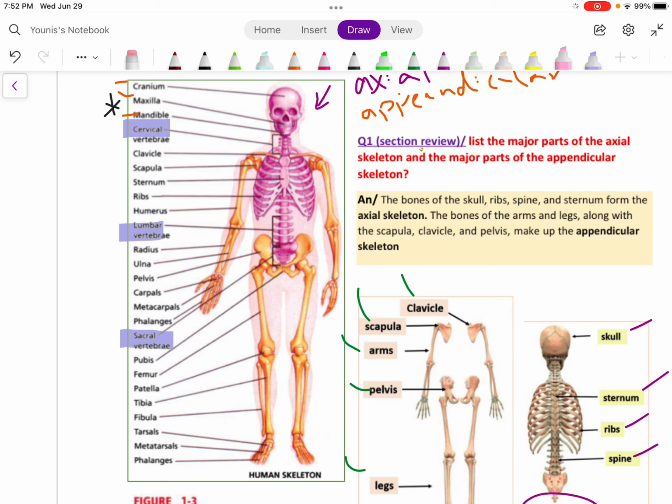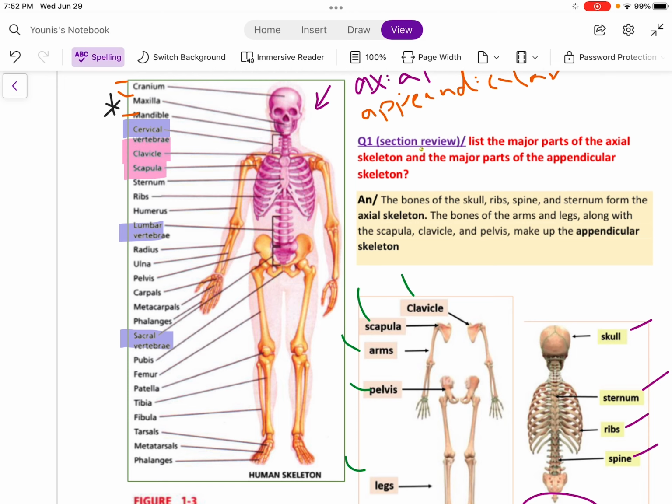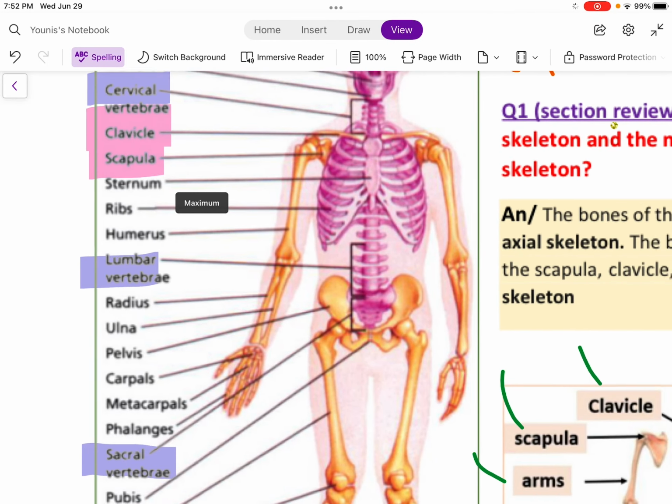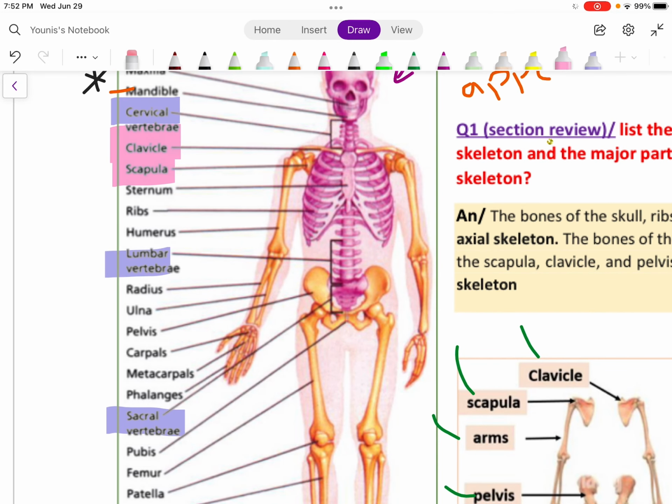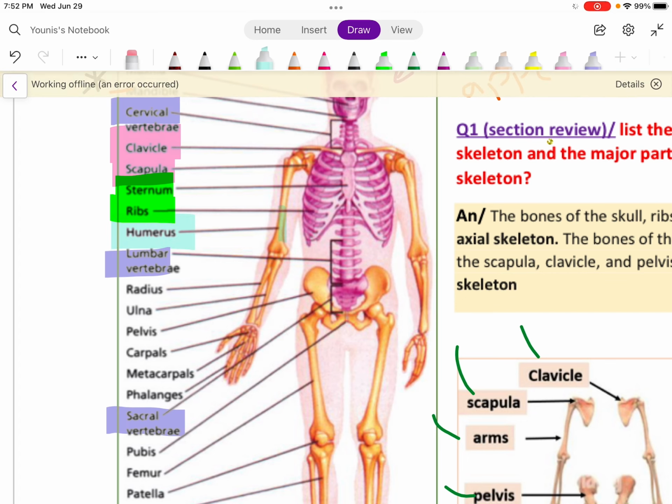You have the bones of the shoulder like the clavicle and scapula. You can see where they are located from the points. And then, what else? There are the bones of the chest region, which include the sternum and the ribs. And then the bones of the arm that include the humerus, the radius, and the ulna.